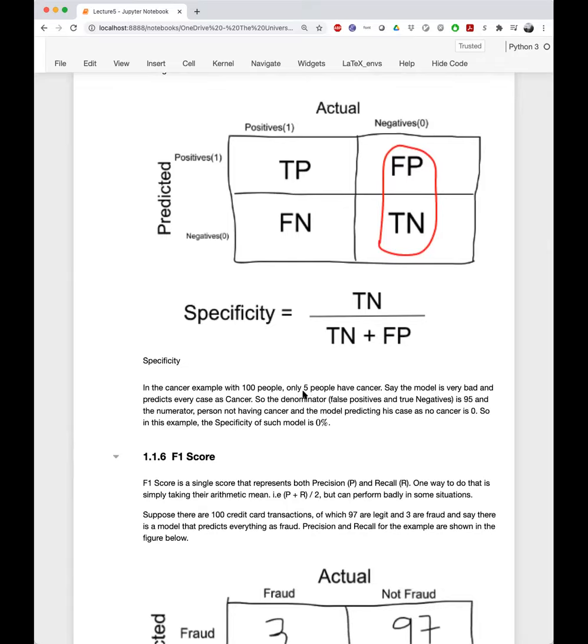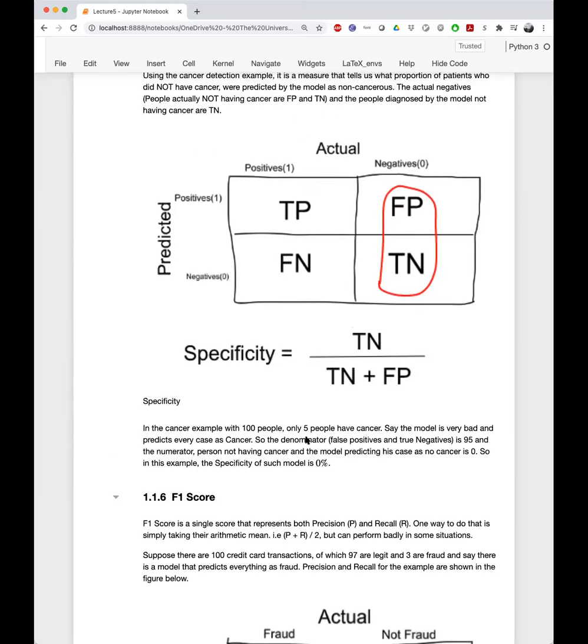So look at the example again here. 100 people, 5 people have cancer. The model is bad and predicts every case as cancer. So our denominator here means the actual negative cases. The actual negative cases number 95 because 95 people actually have no cancer. So the denominator in this case is 95. And what is true negative?